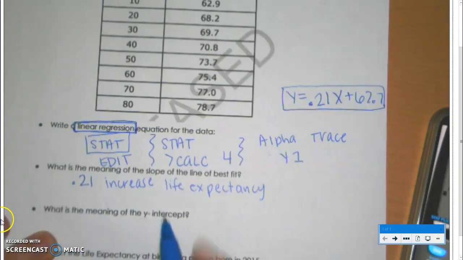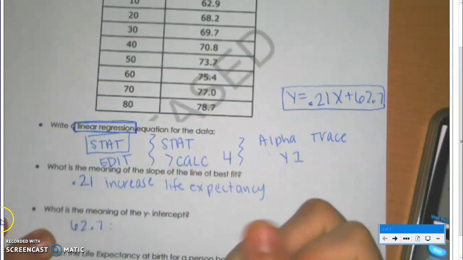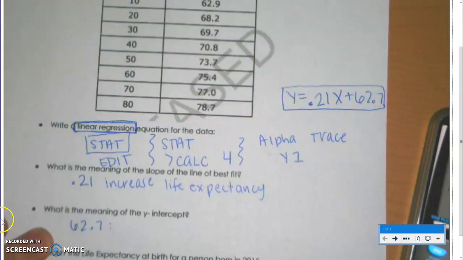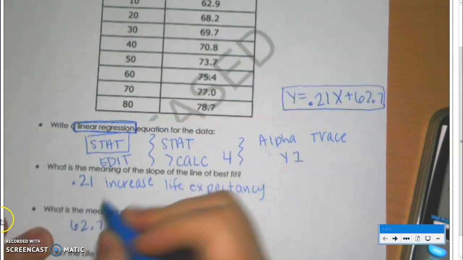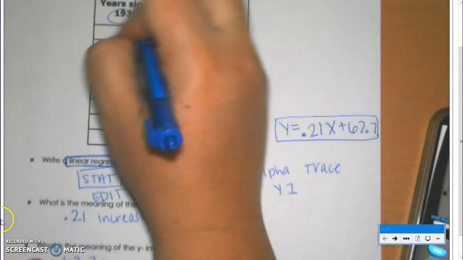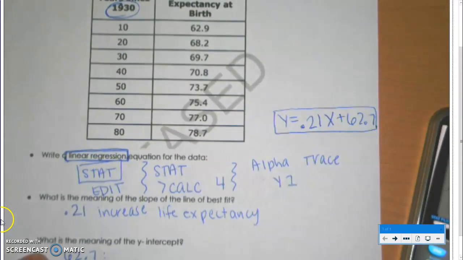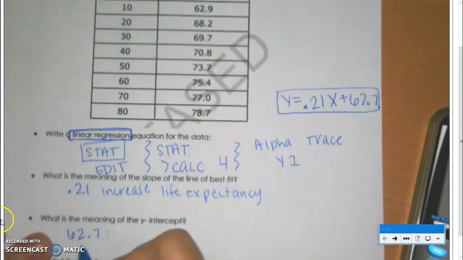What is the meaning of the y-intercept? The y-intercept was the 62.7. And so that means that's the starting life expectancy, the initial life expectancy. And since this story started at 1930, that's the beginning. So I'm going to incorporate that it's been since 1930.